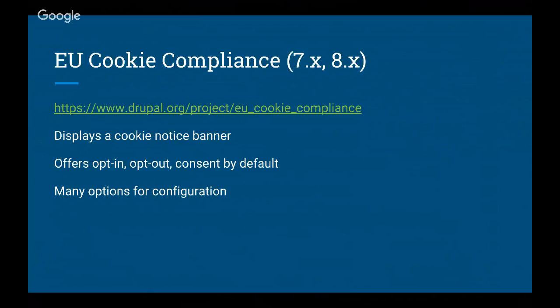There's the opt-in consent, the opt-out, and also the old way of handling consent, which was just to handle consent by default. And there is also a fourth option, which deals with the do not track header, which is being sent from the browser.